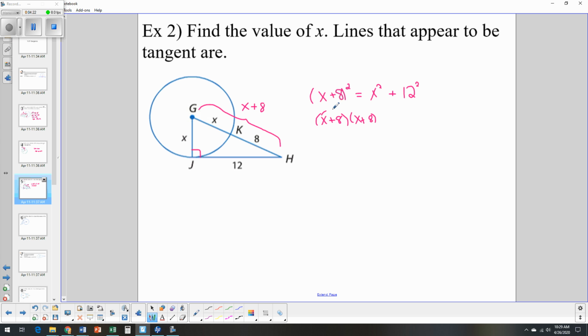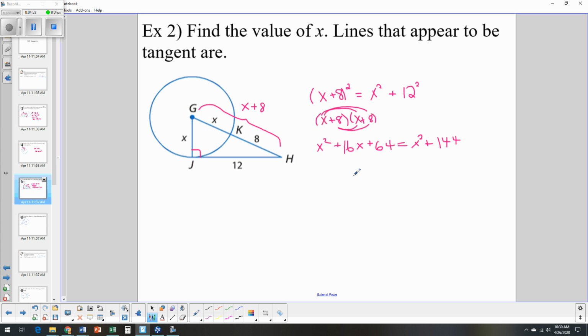So x times x is x squared. x times 8 is 8x, and then 8 times x is 8x, so that's a total of 16x. And then 8 times 8 is 64, equals, and now I'm just going to rewrite x squared plus, and I'll actually do 12 squared and get 144.